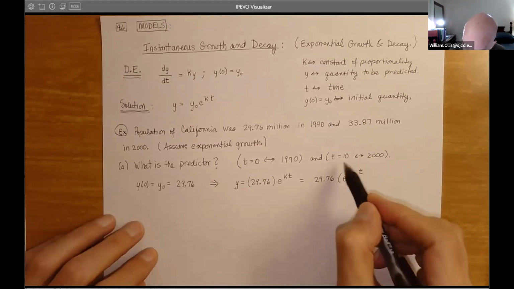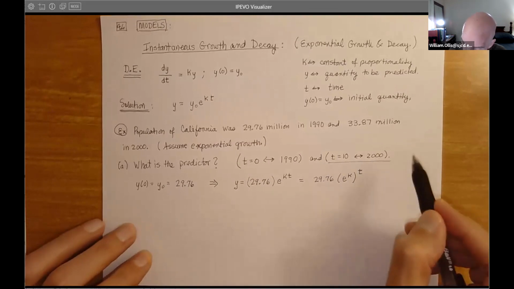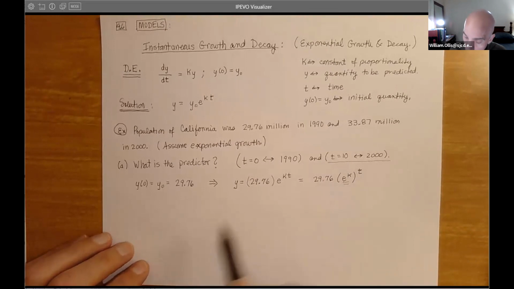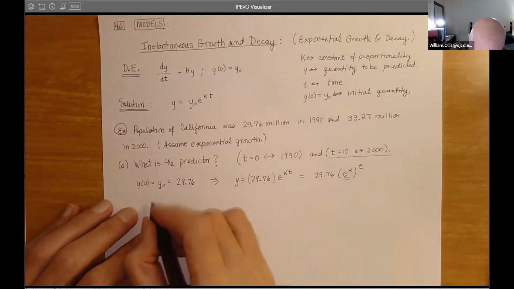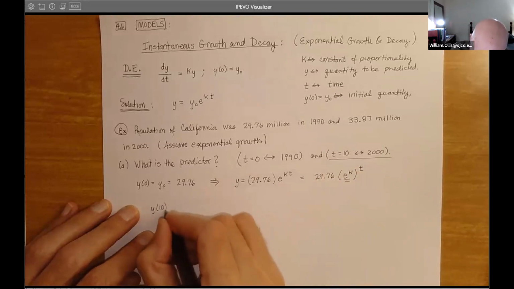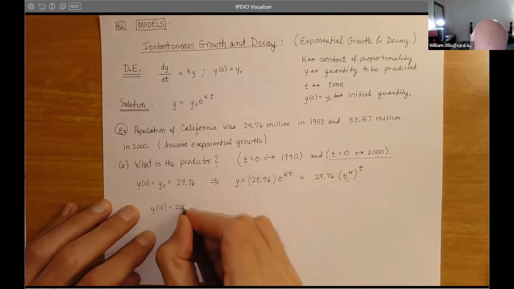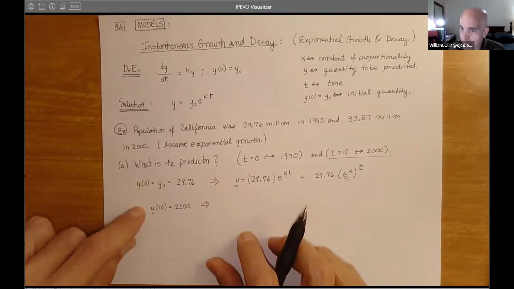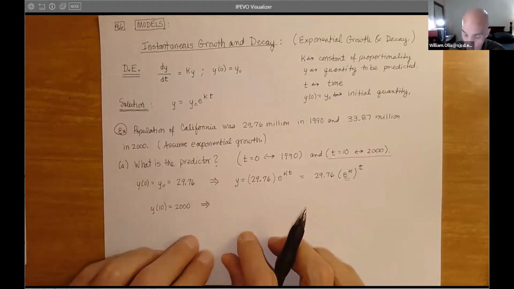So now we use the second piece of information. So basically this will allow us to solve for this piece of the puzzle. So now we have what? We say y of 10 equals 2,000. So this implies, so basically we take the given information and feed it into the solution curve.